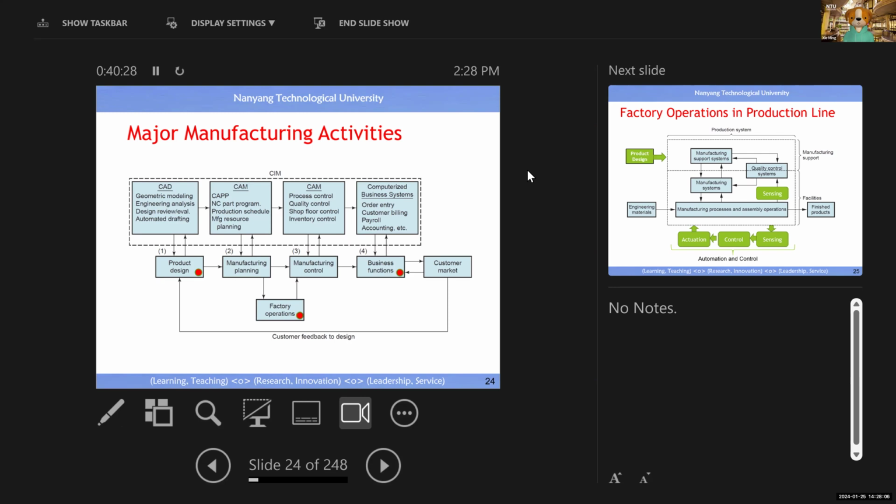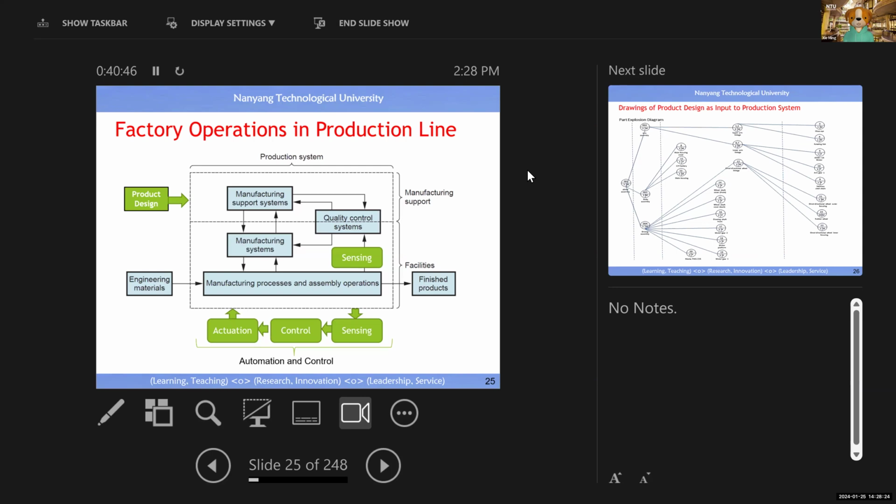Then output from the factory operation goes to the marketing and the sales department. You must sell your product to the market, etc. Just pay attention to these three modules, because the remaining are just supporting systems.